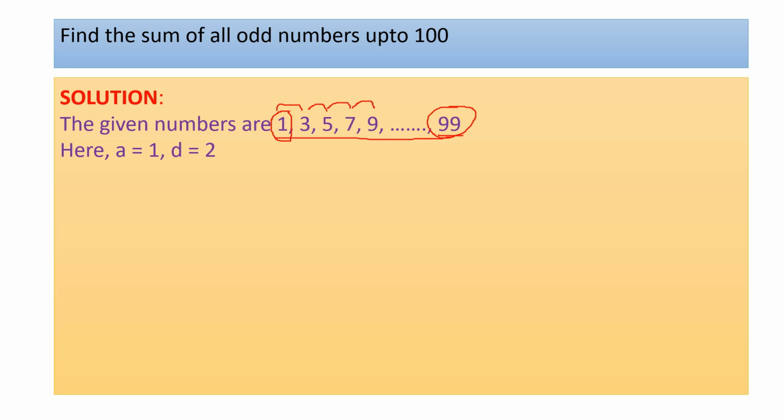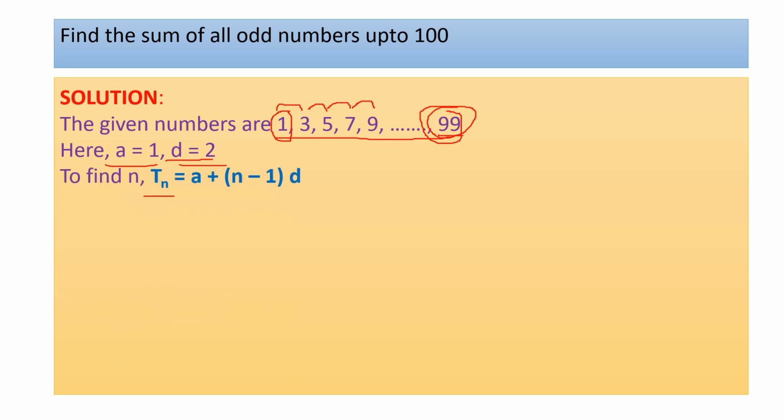So to find the value of n, we have to use the formula of the nth term of AP, because we know A and D also, where A is the first term and D is the common difference. Here A equals 1 and D equals 2. So from the equation of the nth term of AP, we can easily find the value of n.